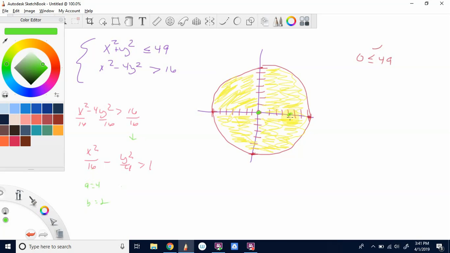That's going to be my vertex, correct? And then I'm going to go 1, 2, 3, 4 units here. That's the vertex of my hyperbola. And then my co-vertex is going to be 2 units and 2 units, right? So I make this little rectangle.